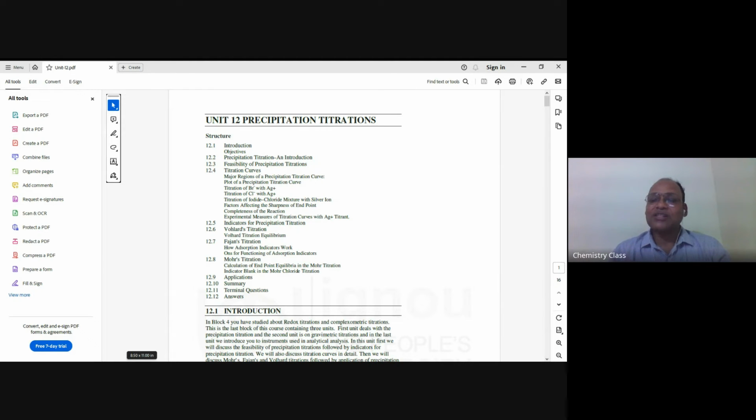If larger size, what will happen? Larger size means it will donate its electron easily, because the atomic radius is more. Electron donation and electron acceptance depend on that. So what is the work of an oxidizing agent?